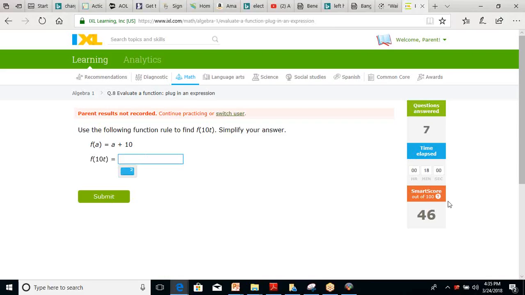So if a is 10t, you just substitute 10t in right here. So a is 10t, you just substitute your a, which is 10t. And then to complete the function rule, you have to have plus 10.